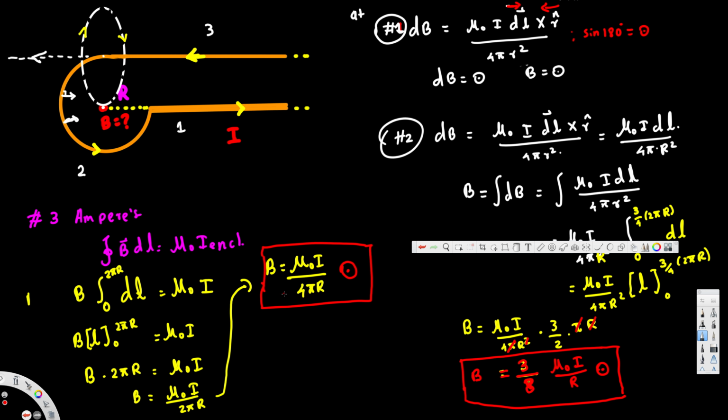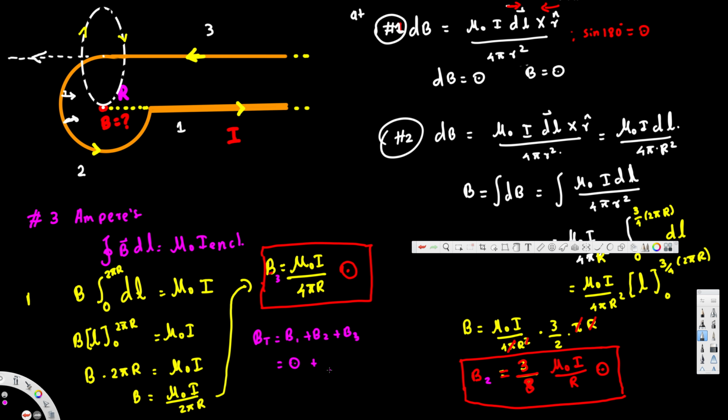Now, using the superposition principle, we can combine all the magnetic fields. The total magnetic field, call it BT, is the addition of B1 plus B2 plus B3. B1 is equal to 0, plus B2, plus B3.